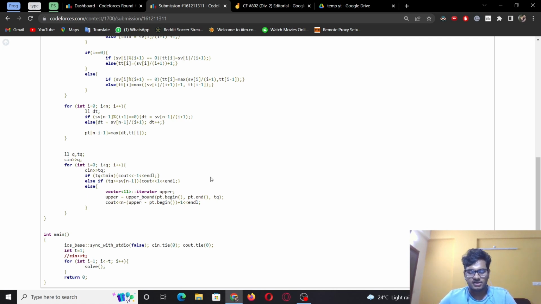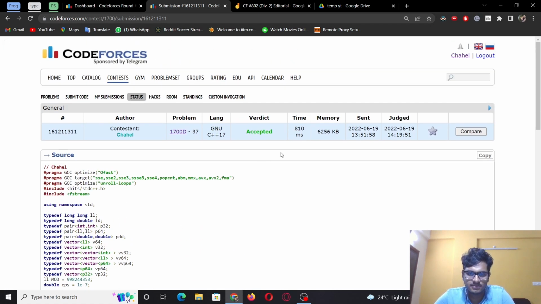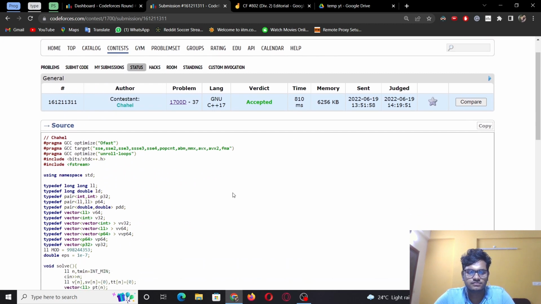This will give us the minimum number because upper bound returns just the greater value, and we have effectively done this in O of Q log N, and as you can see, that's why it matches the input constraints.